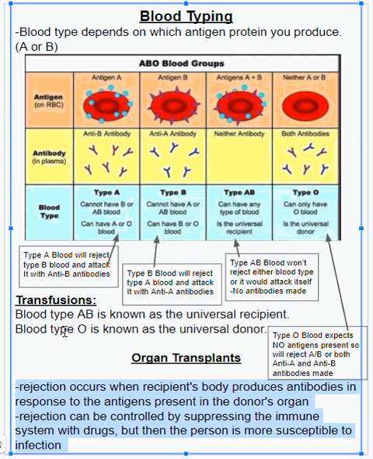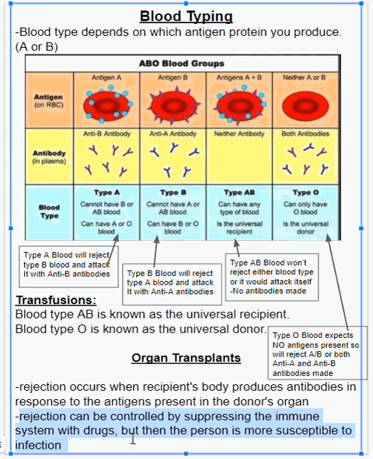So if I have a kidney transplant, that kidney is from someone else, it's foreign protein to me, I will reject it. My white blood cells will recognize it, identify it, and mount an immune response, and it will reject that organ.